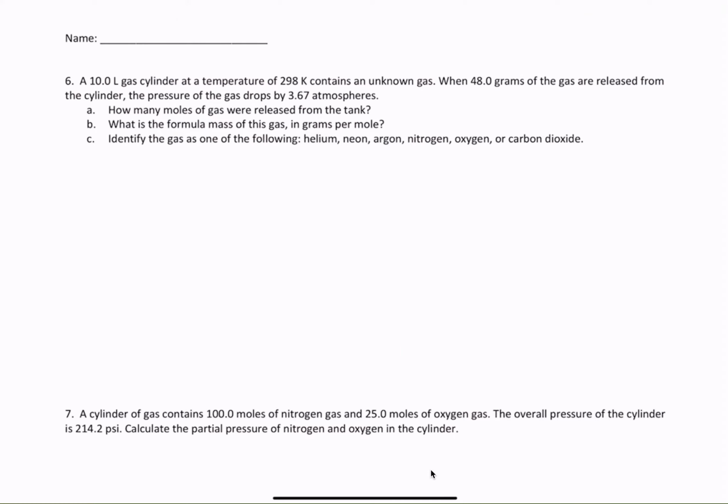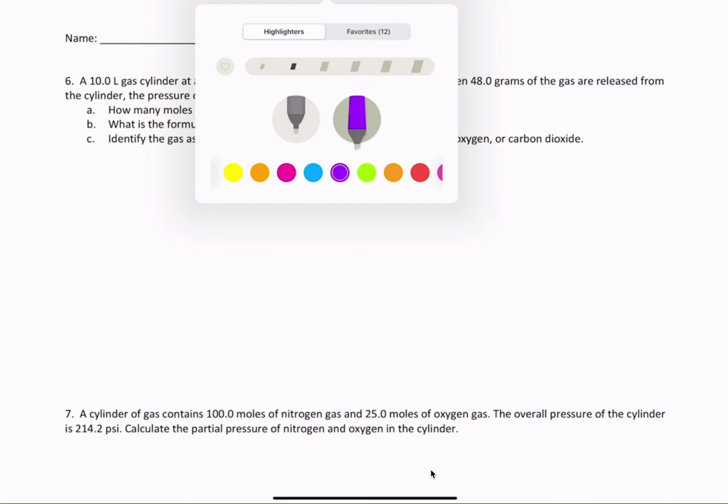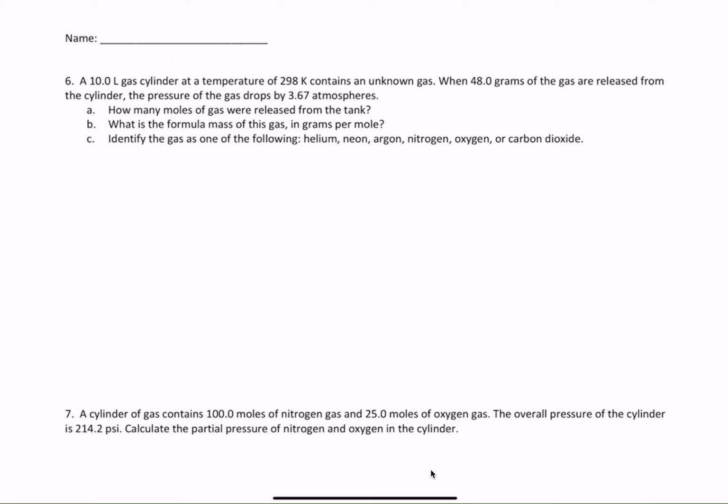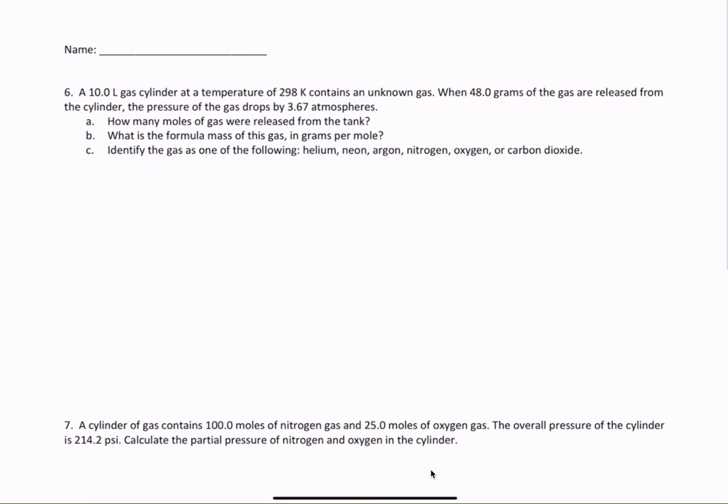In problem number 6, you have a 10-liter gas cylinder at a temperature of 298 that contains an unknown gas. So let's just draw a picture. I have here a gas cylinder with an unknown gas.